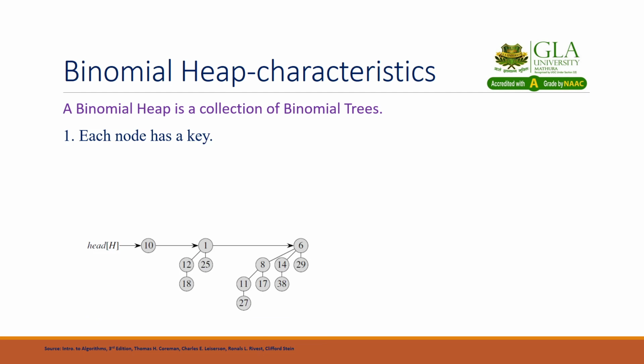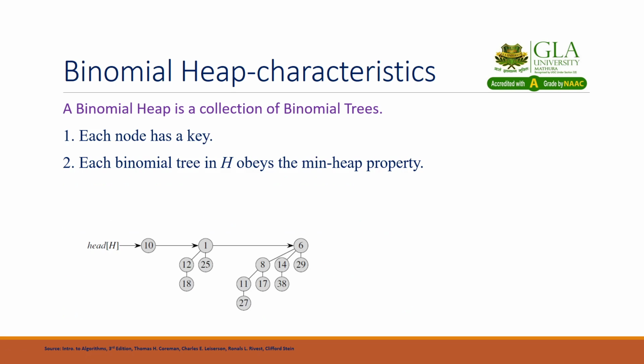If you have a binomial heap, it will consist of n binomial trees. As we see, there are three binomial trees: first is order 0, then order 2, then order 3. The nodes inside these binomial trees have keys: 10, 1, 12, 25, 18. So every node has one key.